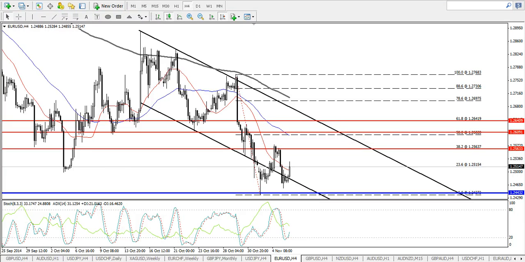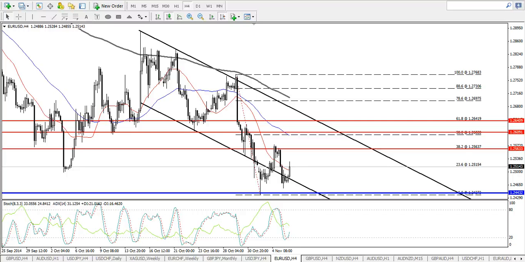Just take note that we are going to have the minimum bid rates later on at 8:45 p.m. GMT plus 8. We expect the bid rate to remain the same, as it is already low enough anyway, followed by the ECB press conference.